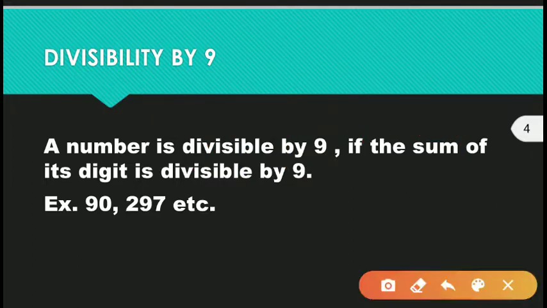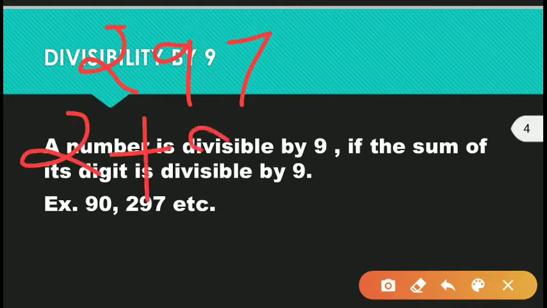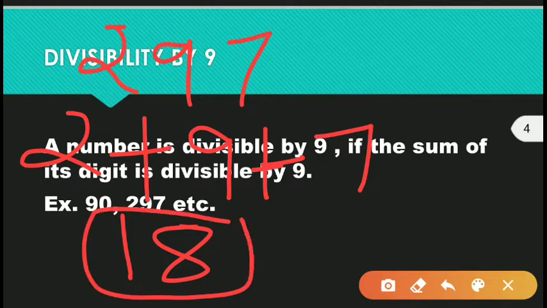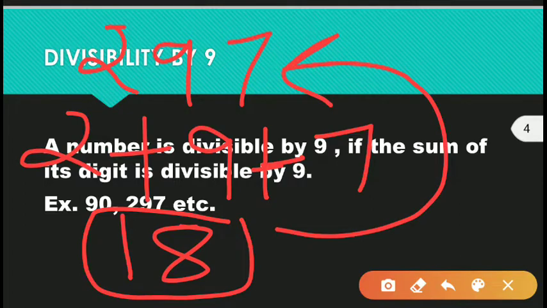One more example. 297. First of all, find the sum of its digits. 2 plus 9 plus 7. This will give you 18. 18 is completely divisible by 9. That means you can say that 297 will also be divisible by 9.